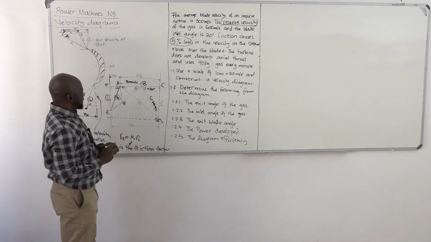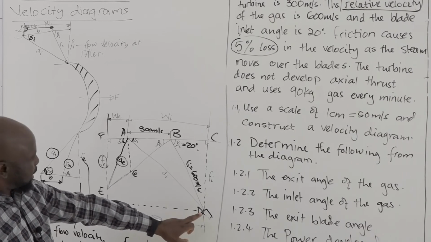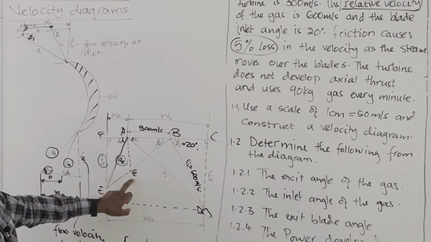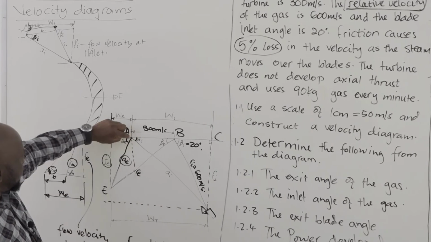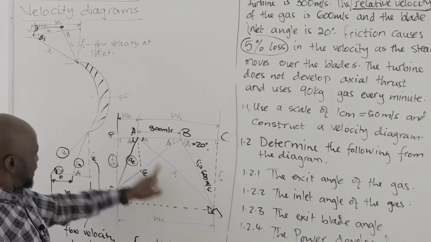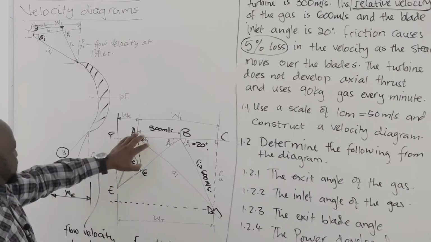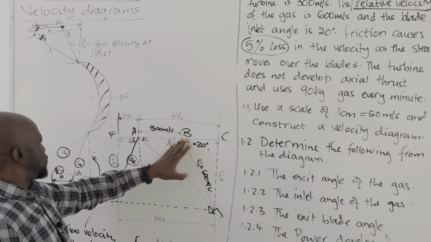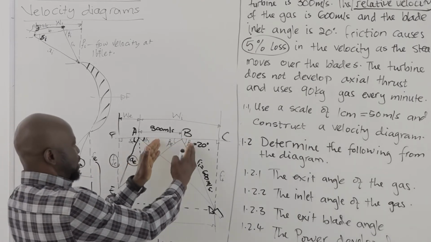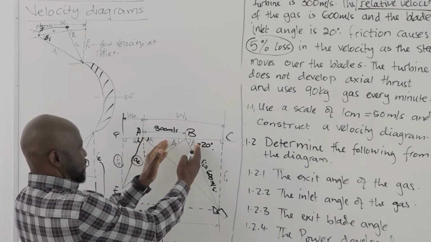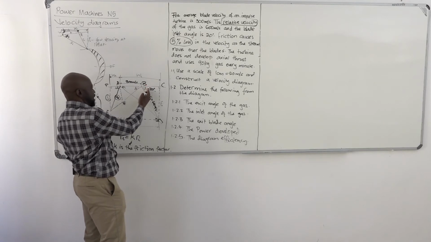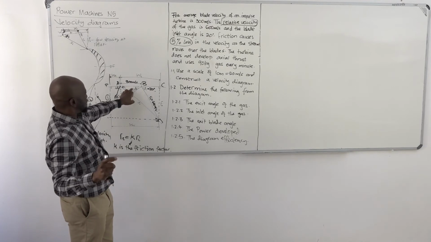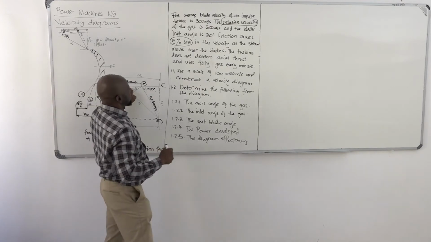Please take note: our relative speed starts from the nozzle, goes to B, then going out there it is Re. At point A, we have steam inlet and steam outlet, so at point A we have nothing to do with relative velocity. At point B, we have nothing to do with steam. So at point B we are talking of blading angles, beta I representing the blading angle at inlet, beta E representing the blading angle at outlet of the blade.